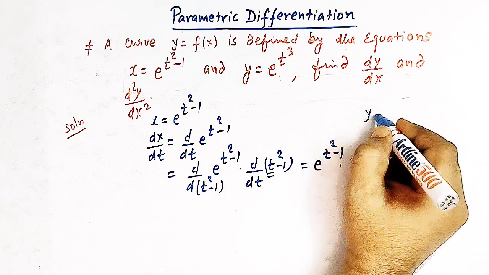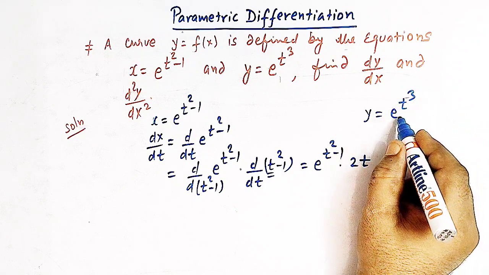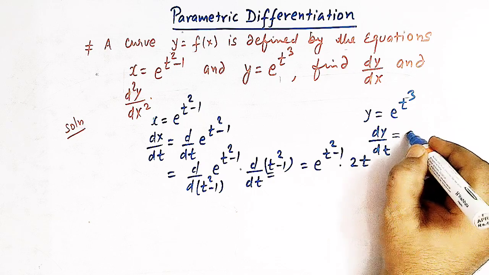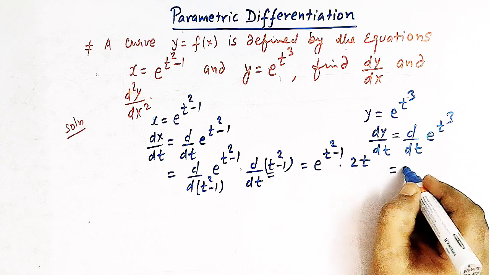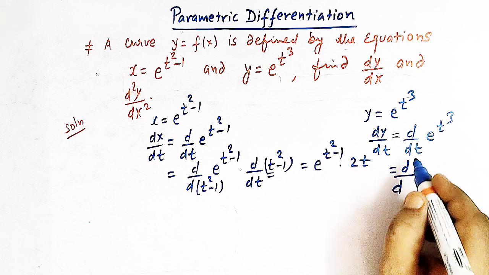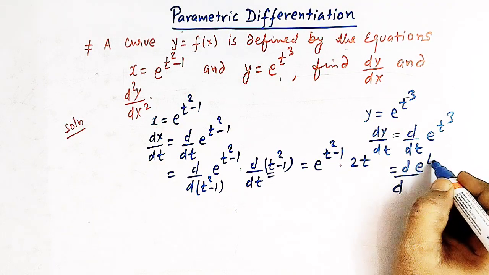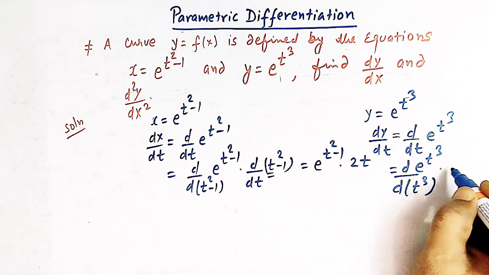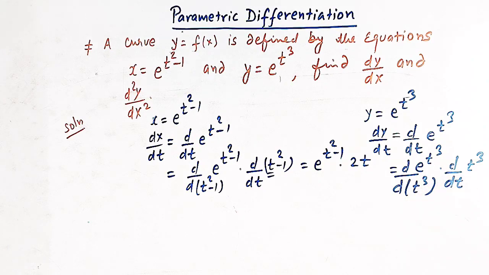Now let us find out the derivative of y with respect to t. So dy over dt is equal to d by dt of e raised to t cube, and here also we'll make use of the chain rule. So first we'll find the derivative of e raised to t cube with respect to t cube, and then the derivative of t cube with respect to t.